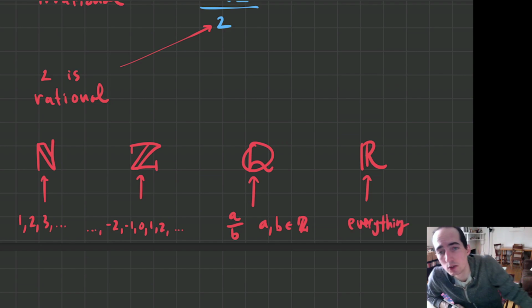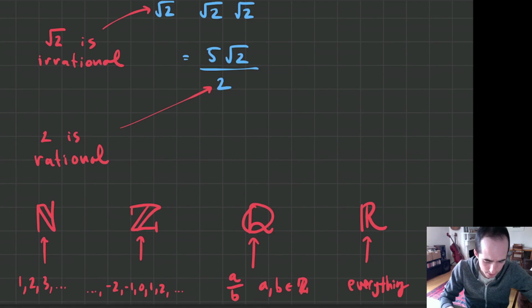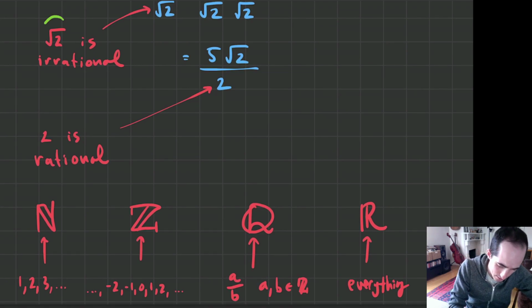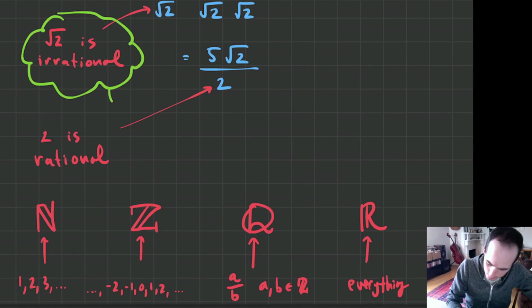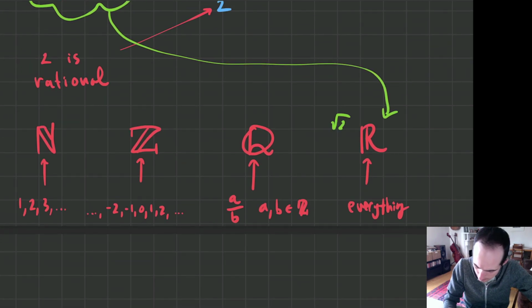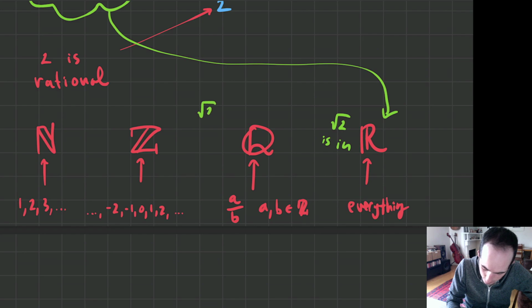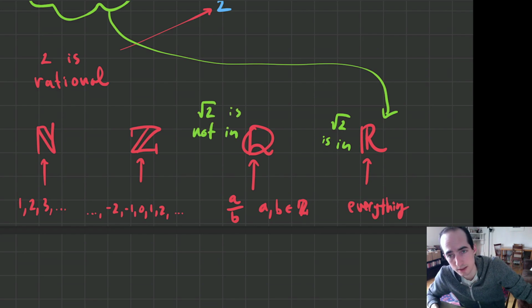So it includes things that are irrational. So the square root of 2 is in the set of real numbers. The square root of 2 is not in the rational numbers.